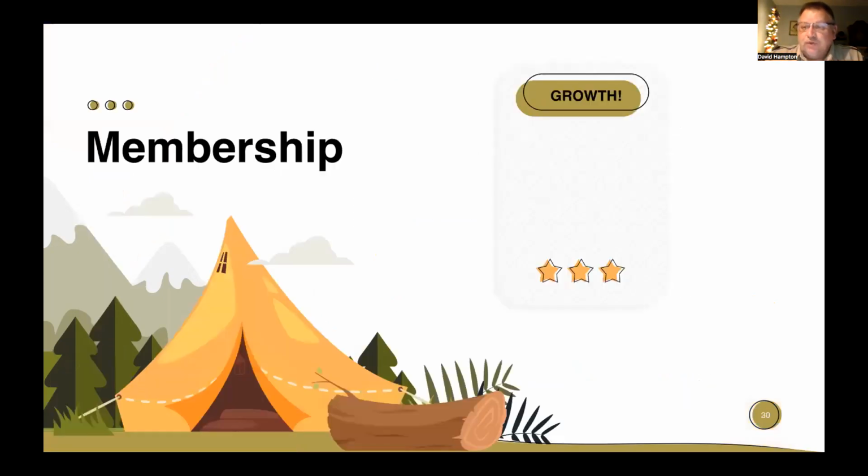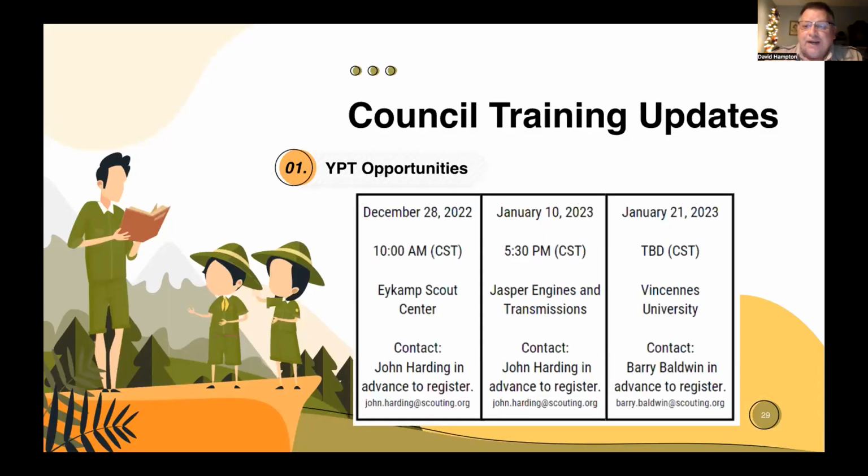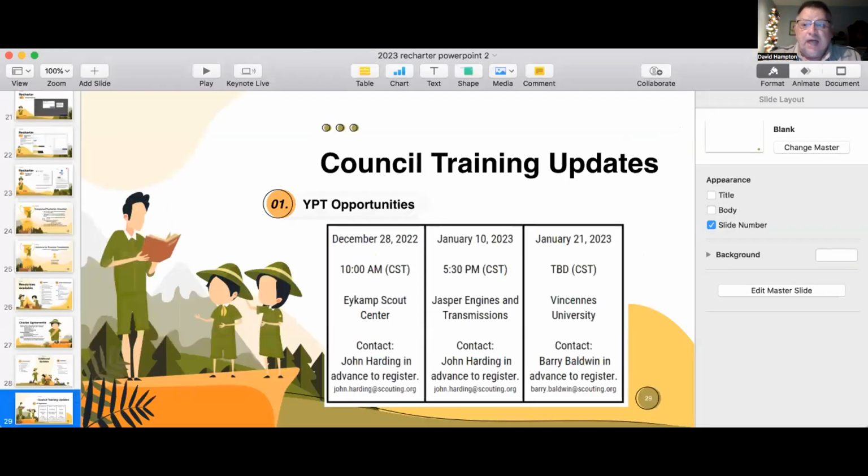That's what I'm going to do this weekend. It takes about an hour and a half to go online and do that. That's not the only way to take YPT, but it is one of the simplest. That way, when they print your charter out, if you've done it online, that information is pulled right into your charter. That's the simplest and easiest way to do it.